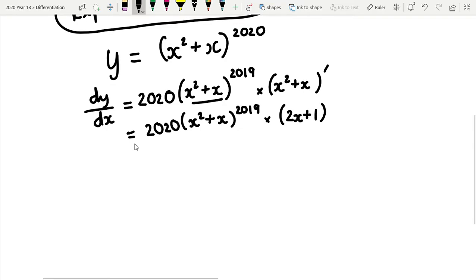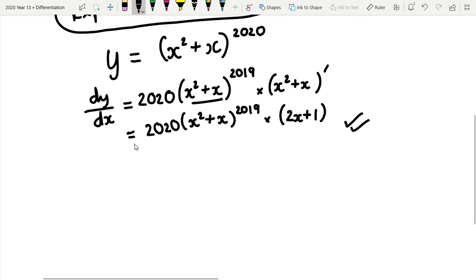You should be differentiating like drinking water. It should become real fluid. And this is the answer to the explicit differentiation. So very nice and simple. You just need to make sure you use the chain rule effectively by doing a lot of practice, aka homework.